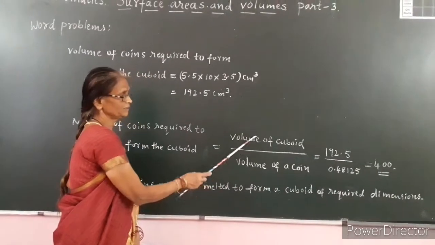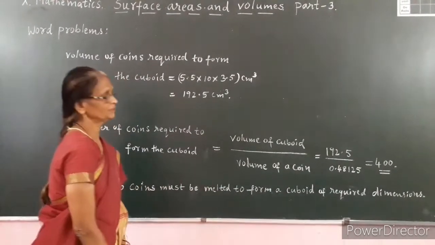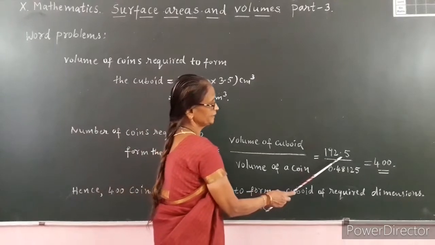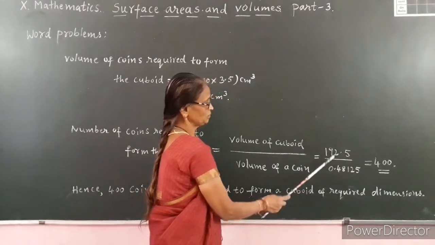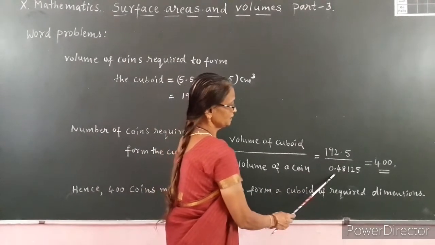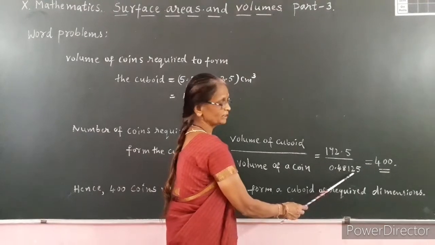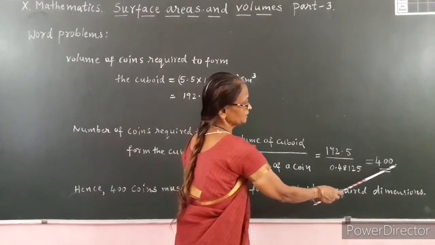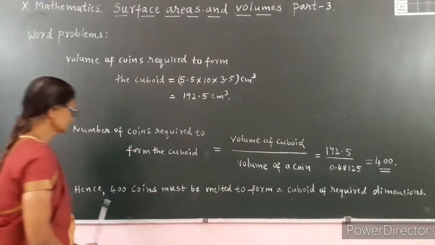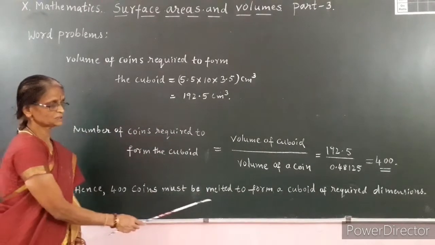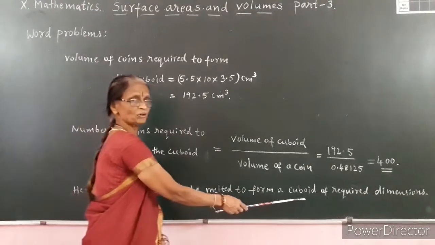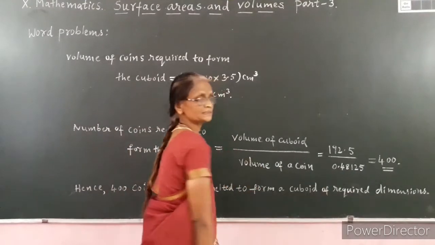We have to divide, which will give the number of silver coins. That equals 192.5, the volume of the cuboid, by 0.48125, the volume of a coin. On simplifying we get 400. Hence 400 coins must be melted to form a cuboid of required dimensions.